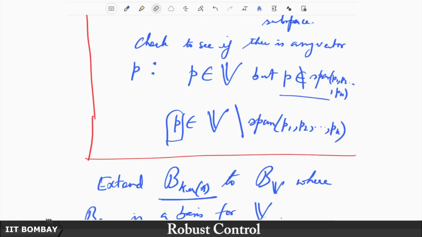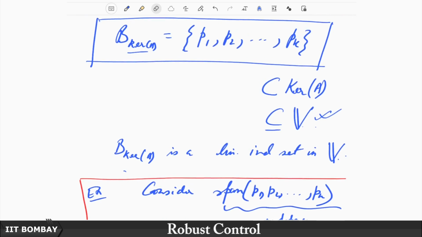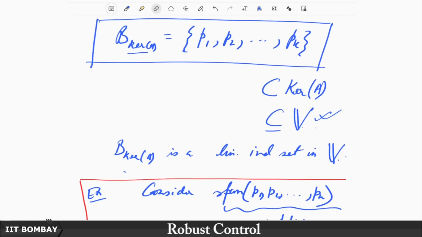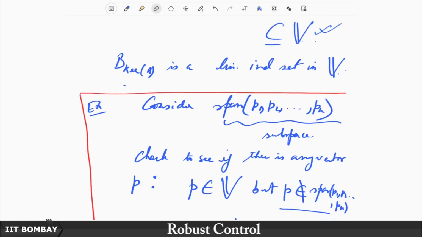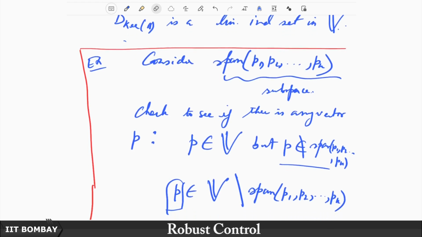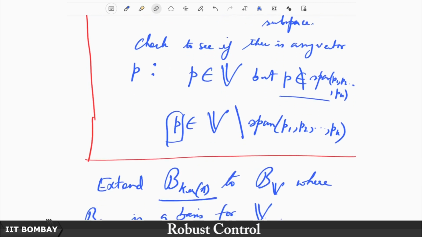Much of the notions still hold, except the fact that I messed up with this V and W, because the kernel is basically a subspace of V, the domain, not of W. Yeah, the image is a subspace of the codomain, that is W, right. But the idea of extending a linearly independent set in a vector space to be a basis for the vector space itself still carries. It is independent of this domain, codomain, whatever we have defined. It is a fundamental idea.